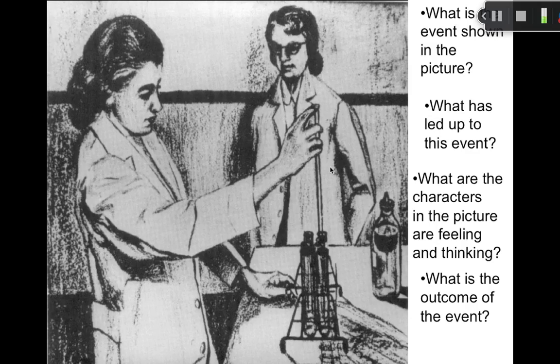And there's infinite possibilities. And then what has led up to the event? What are the characters in the picture thinking and feeling? And then what's the outcome of the event? So in the end, what you end up with is a narrative that touches on each one of these questions. And then an analysis of that narrative is revelatory about some aspect of the person's inner life.